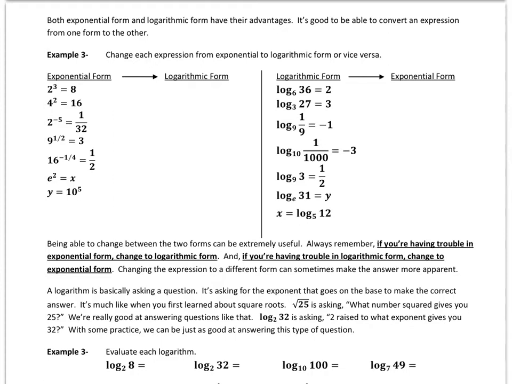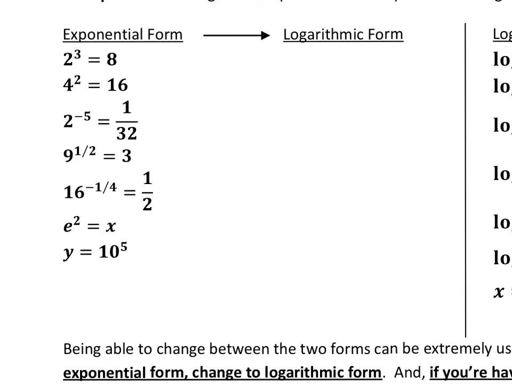All right, so now let's work on converting back and forth from exponential to logarithmic form. If I have 2 to the third equals 8, let's put that in log form. The base is the same, so log base 2 of 8 equals 3.